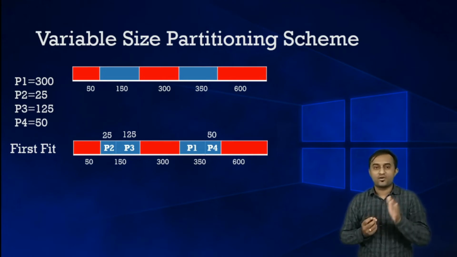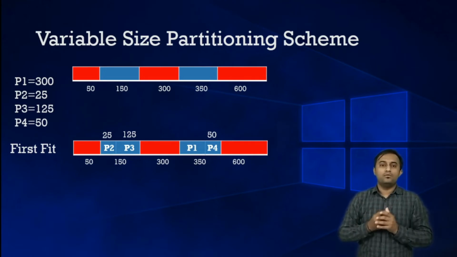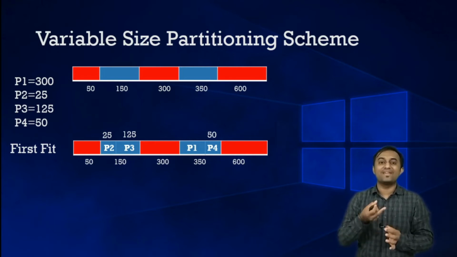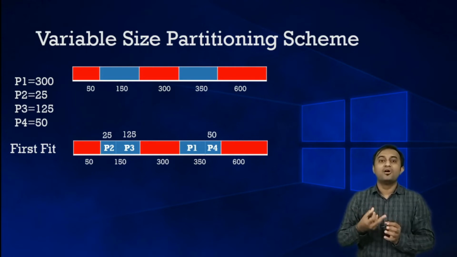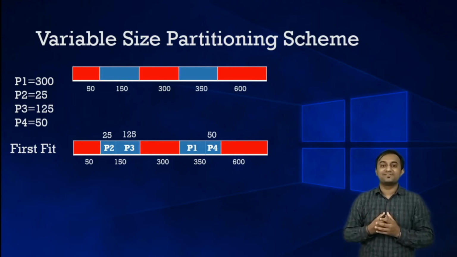Now, once it is accommodated, what is the remaining size of that block? Because we are talking about the variable size partitioning scheme, the partition can be further partitioned, or we can say a single partition may have two different processes.